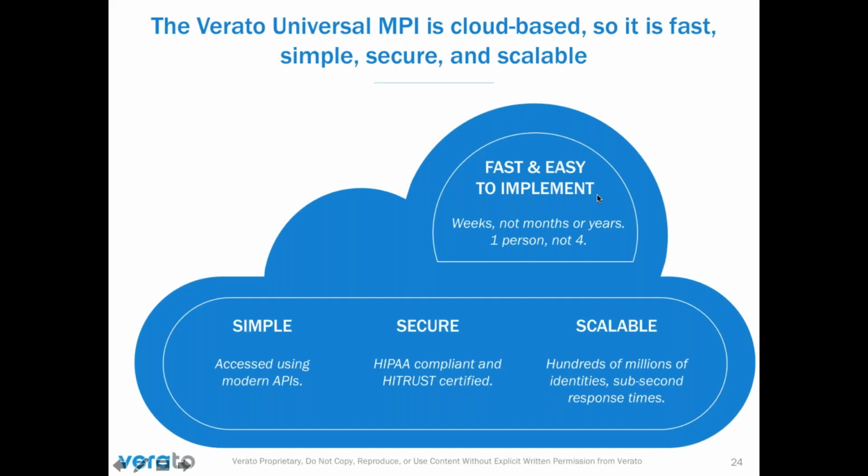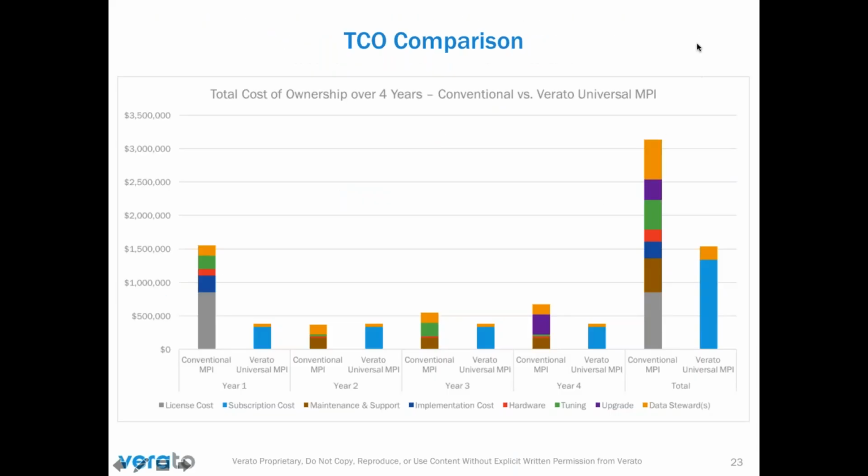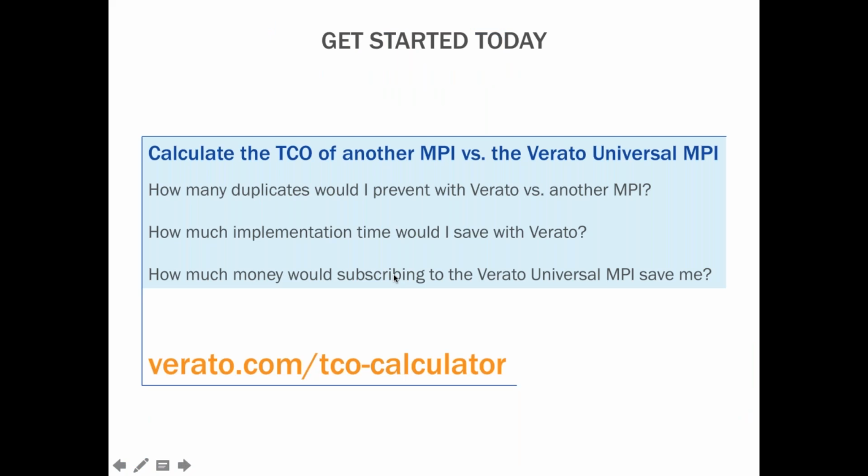If I can back up to my slide here, what it calculates for you is the difference between the Verato approach, the true SaaS universal MPI approach, versus the traditional on-prem approach, and what the savings would be over, I think it's 4 years. So basically the same kind of information you see here today. You can go out there and play around with that, get some stats for your organization. And then of course, we'd love to talk to you more about Verato and other ways to get started if you're interested.